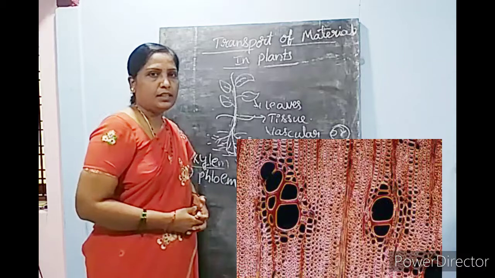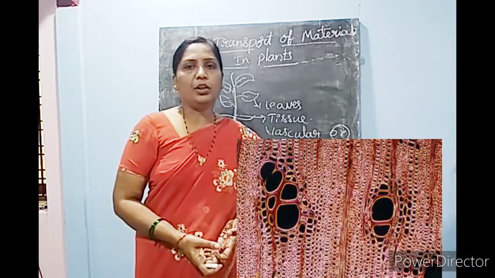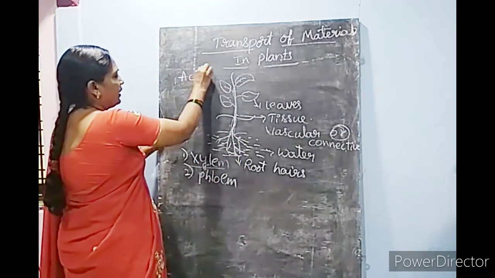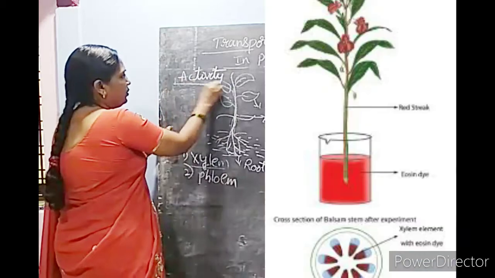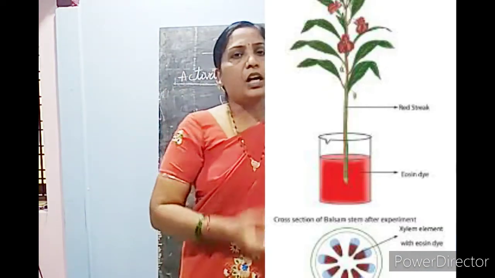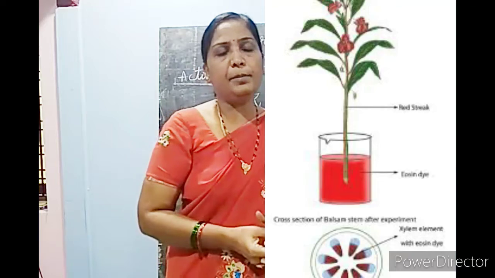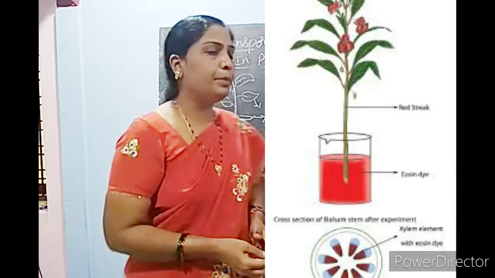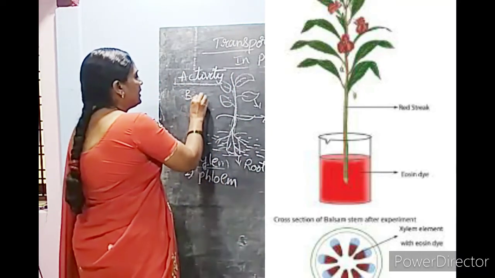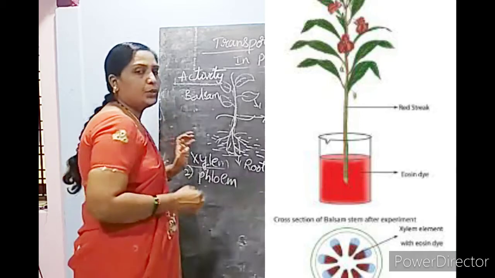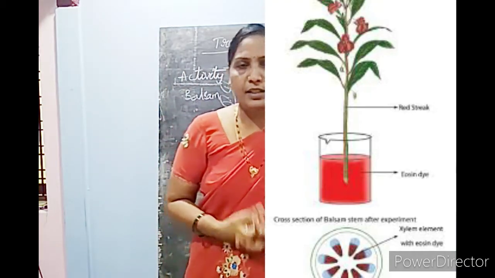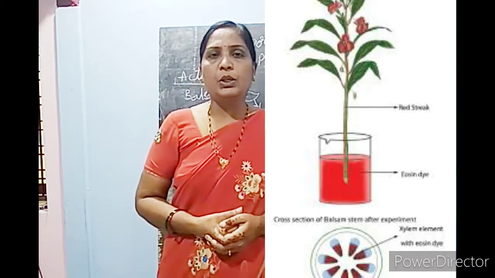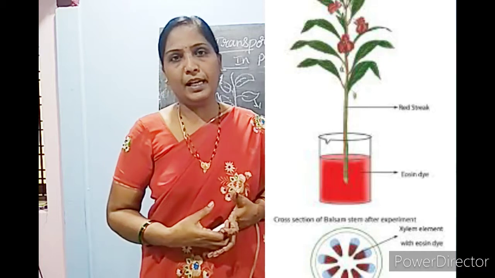To understand whether xylem is conducting the water or not, you can do one small activity. Take a small twig from a healthy balsam plant. If a balsam plant is not available, any plant which has white-colored flowers will do.